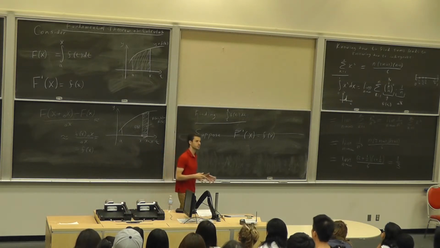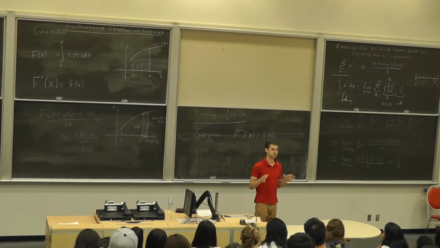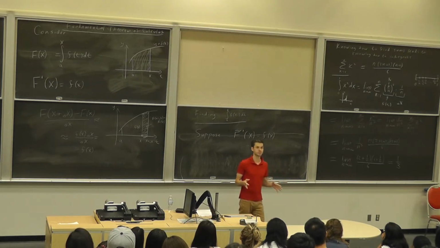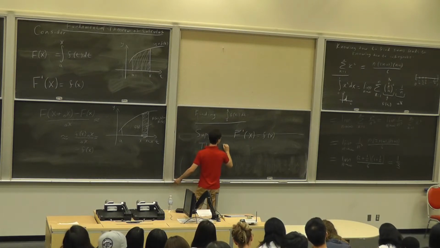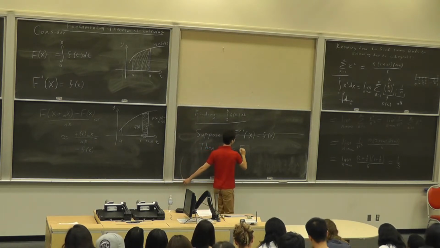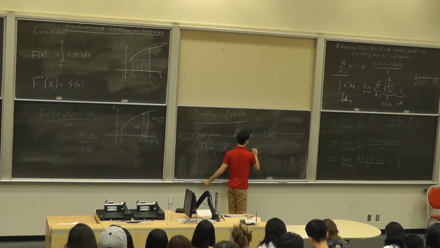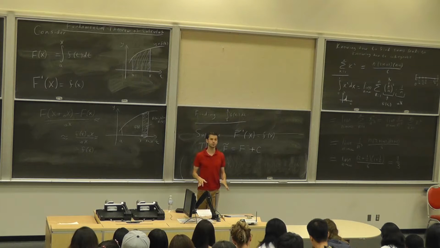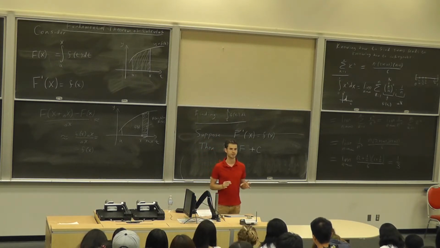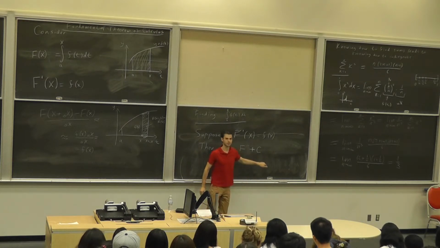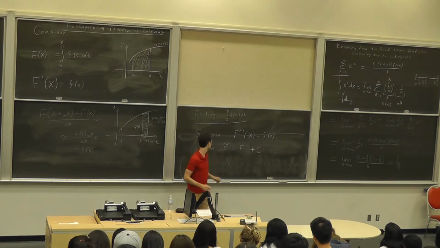So these two functions have the same derivative. Their difference must have derivative equal to 0. So their difference must not be changing, must be some constant. So this function isn't the same as that function over there, but maybe plus some constant. They change at the same rate, but maybe there is some difference between those. How do I find this constant? Well, let me just find the value of this function at some point.